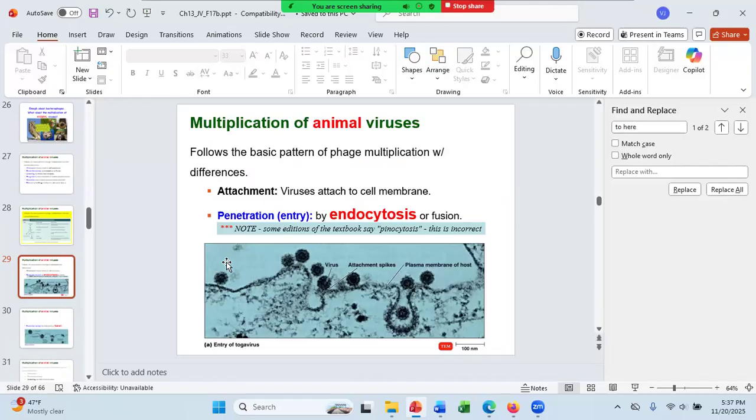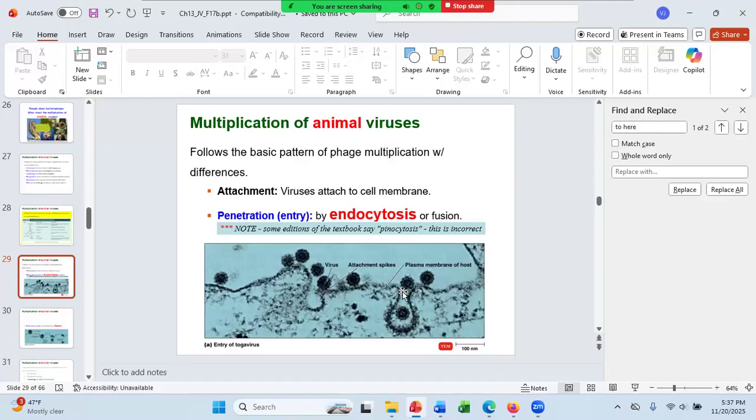And then penetration into the cell happens by endocytosis, which you're sort of seeing here. The virus will attach to the cell. It'll then start invaginating around the virus. And this will become a bigger invagination.